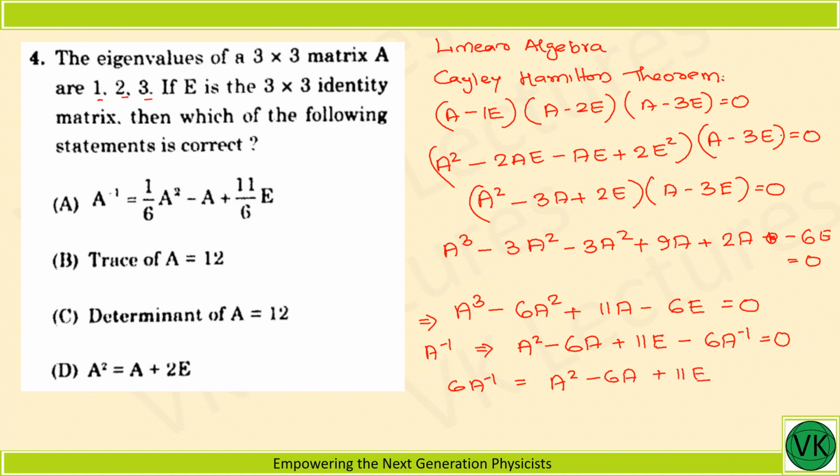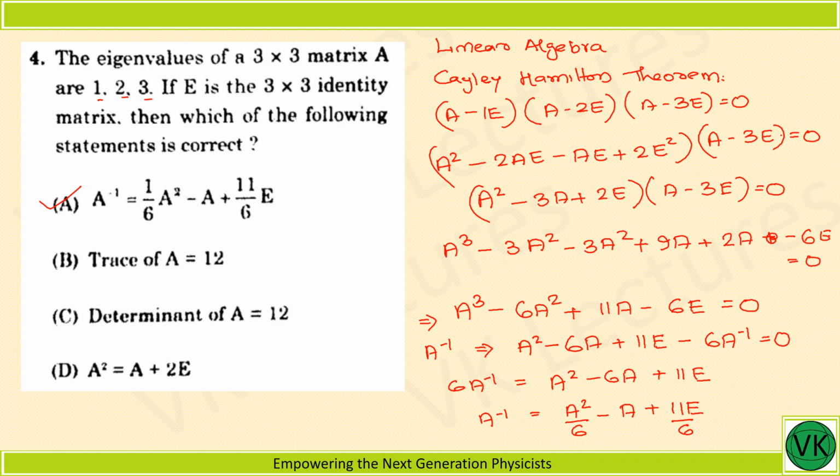Now A inverse is equal to A square by 6 minus A plus 11E by 6. So here according to the options we have A inverse equal to 1 by 6 A square minus A plus 11 by 6 E. So option A is correct.